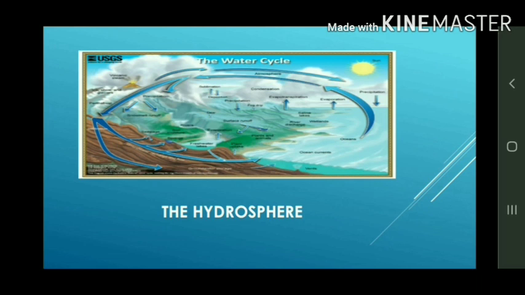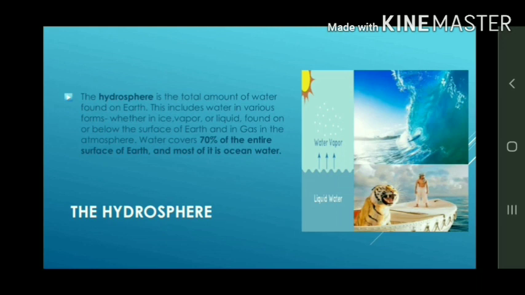So let's proceed to the hydrosphere, another subsystem of Earth. The hydrosphere is the total amount of water found on Earth. This includes water in various forms, whether ice, vapor, or liquid, found on or below the surface of Earth, and as gas in the atmosphere.